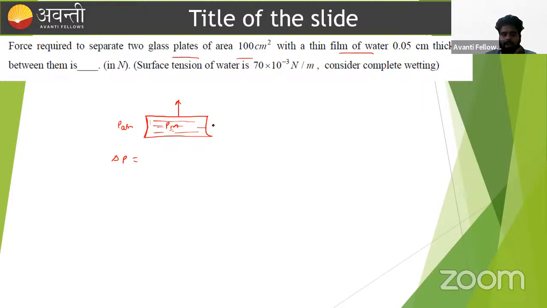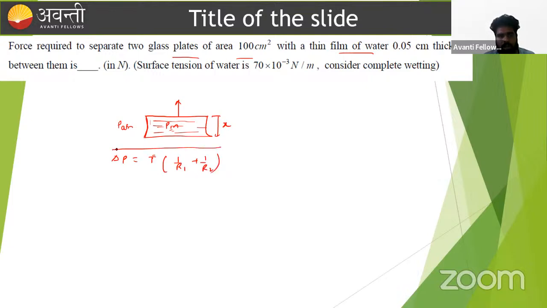So we have to remember the formula. If we consider that this gap is x, what is the formula we should remember here, beta? Delta P is nothing but T times 1 upon R1 plus 1 upon R2.